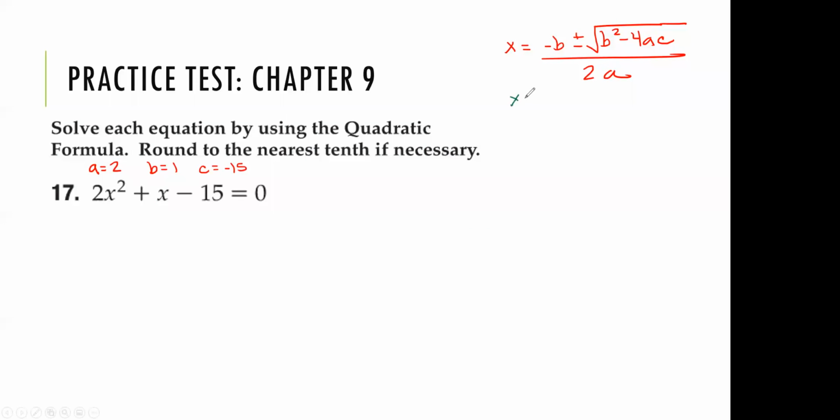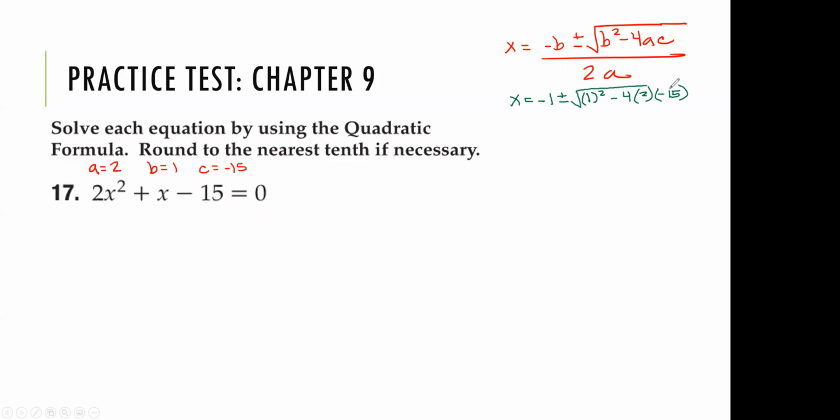Okay, so I'm going to plug in that information. So x equals negative b, which is 1, plus or minus b, which is 1, squared minus 4 times a, which is 2, times c, which is negative 15.